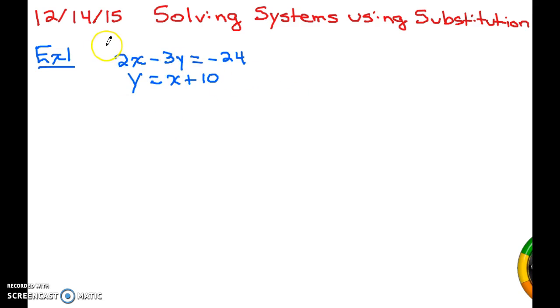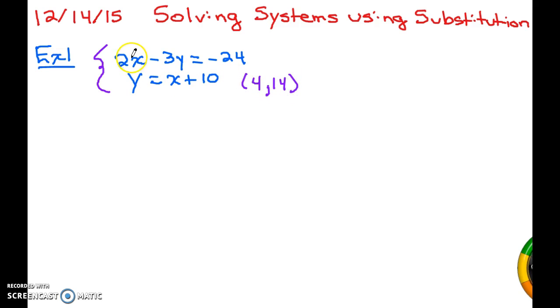When it says solve the system, what it's asking us is what's the y and x that make this equation true? And the same y and x value have to make this equation true. Like here, if I said x is 4, 4 plus 10 would be 14. So 4 for x and 14 for y would work in this equation.